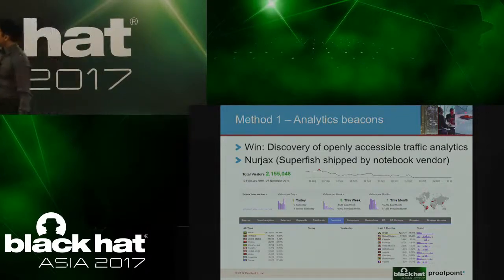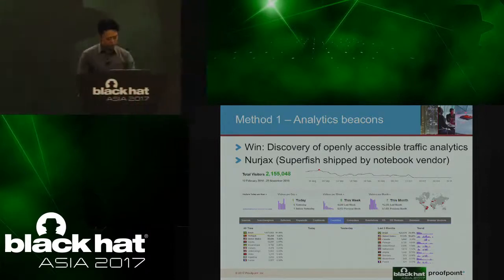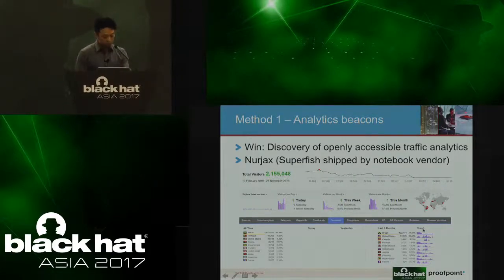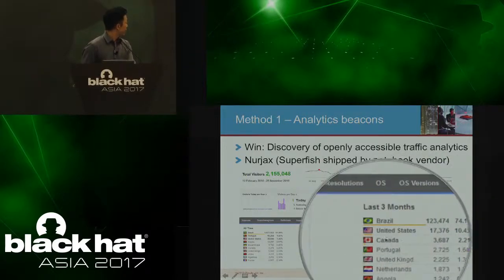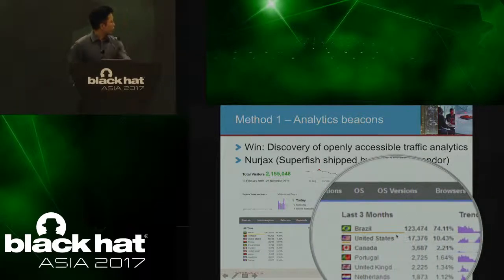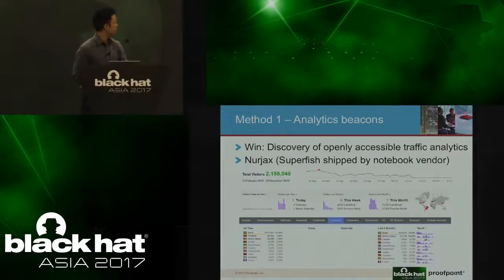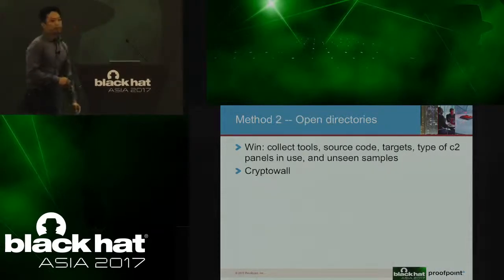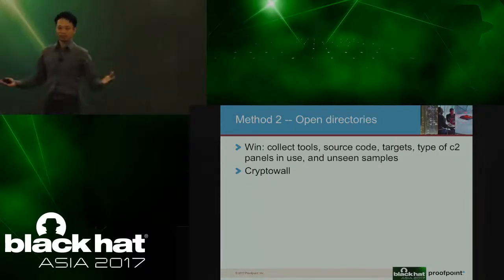From the analytics page, which is openly available, we learned that, hey, they're actually targeting mostly Brazil out of everything else, and we started our intel collection from that perspective. Okay, so beacon analytics.